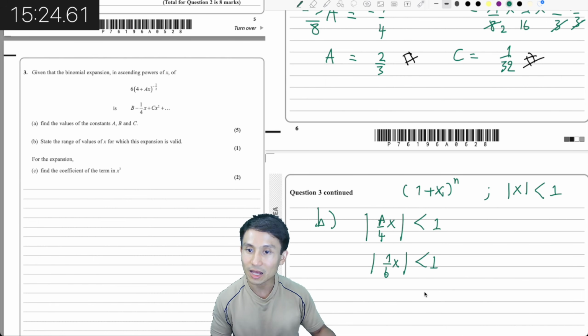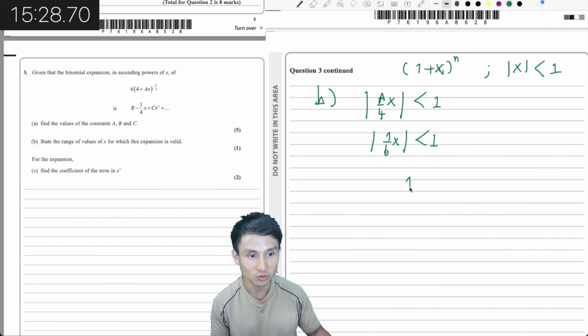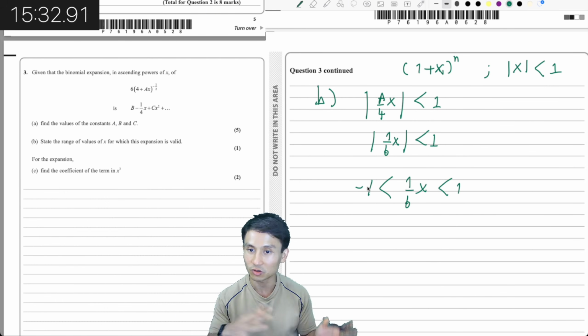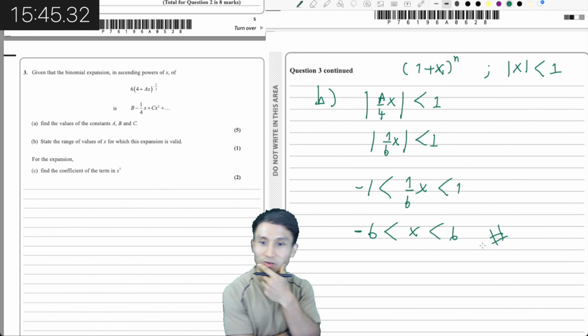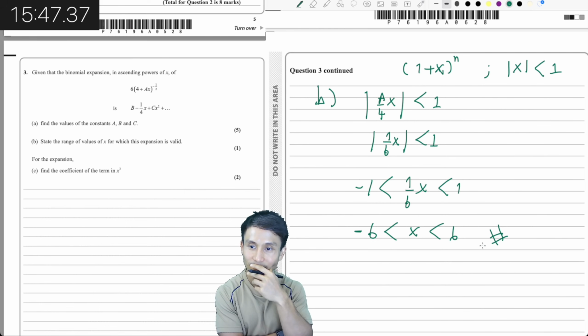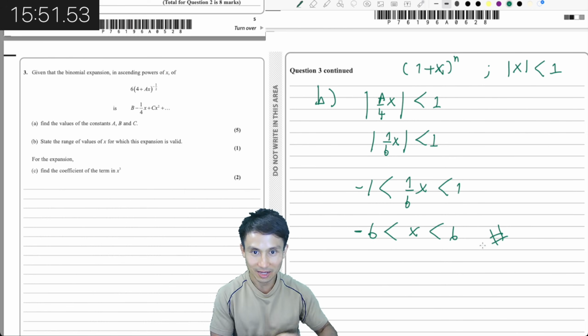Then the range of values would be just simplifying this modulus inequality here. So you're going to get 1 over 6 x less than 1 and greater than minus 1, because you can go either side of the number line, right? I can multiply 6 across, so I get that instead. Because we want the range of values for x, right? So yeah, I think that's fine with me.